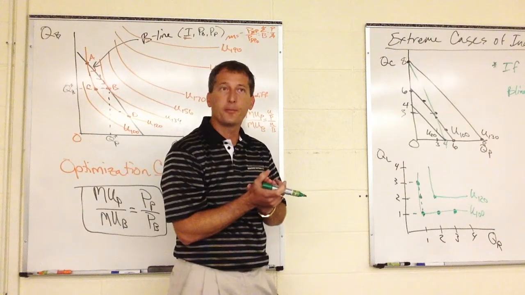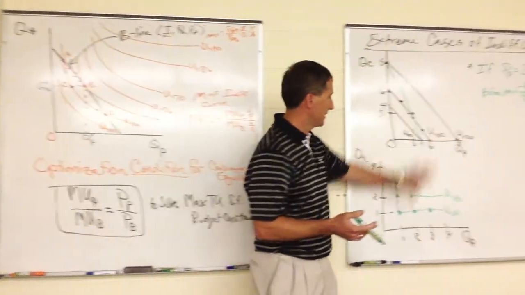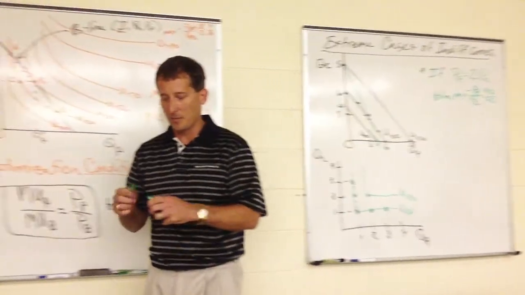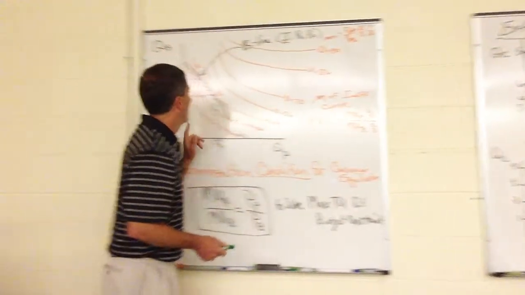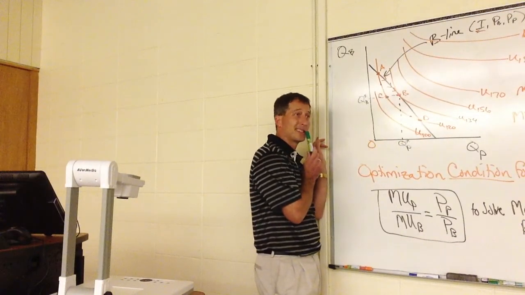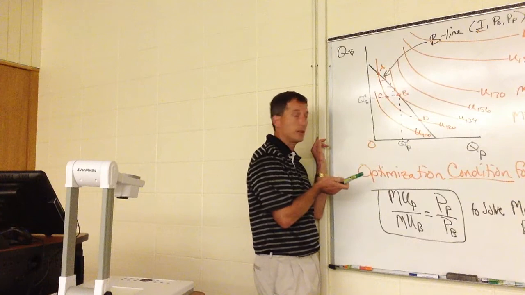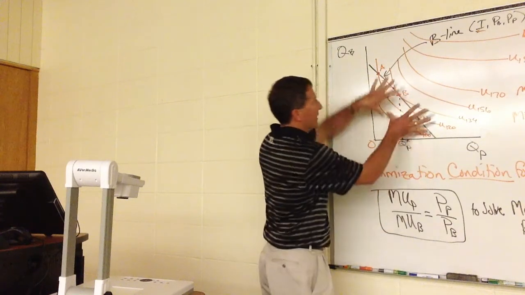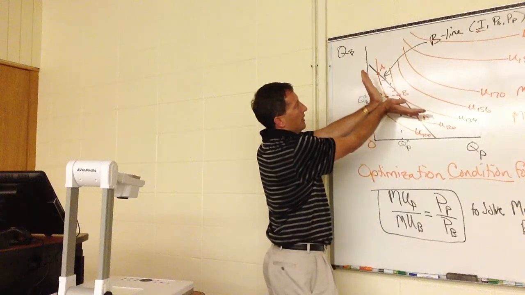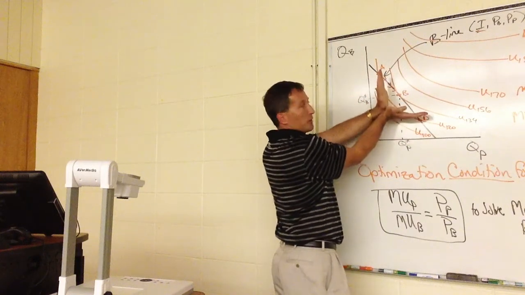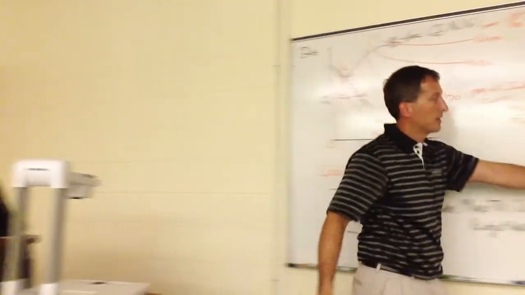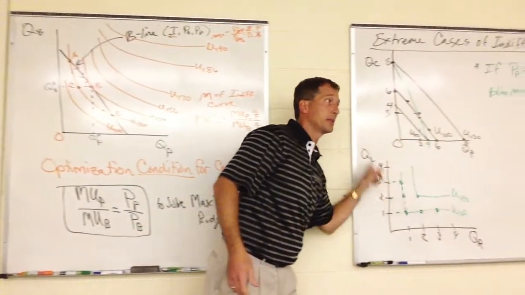Okay, questions on that? Now the reason these extreme cases are somewhat absurd, but it does help us with thinking about the shape of the indifference curve for goods that are pretty good substitutes or complements with each other. So as we look at a more normal indifference curve, a real curvy indifference curve means the goods tend to be more complementary to each other.